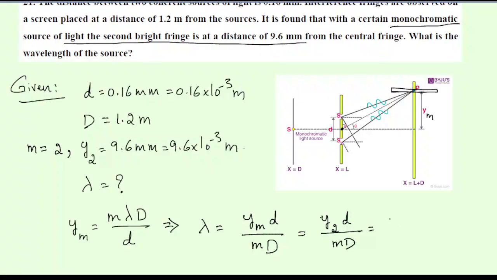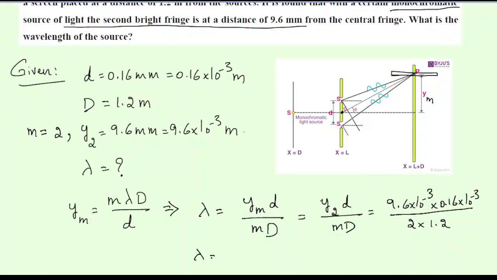What is y2 now? 9.6 into 10 to the power of minus 3 times small d value 0.16 into 10 to the power of minus 3, divided by the value of m which is 2, and D is 1.2.